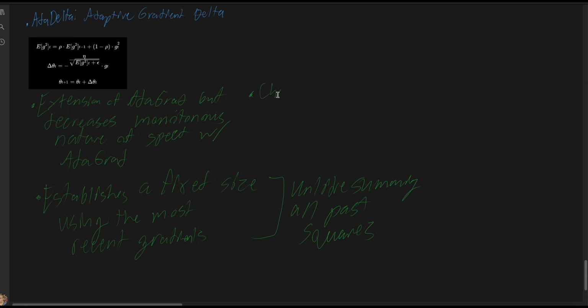So it changes the learning rate for more adaptive data that isn't as monotonous, with no default learning rate, keeping the speed but considering noise.